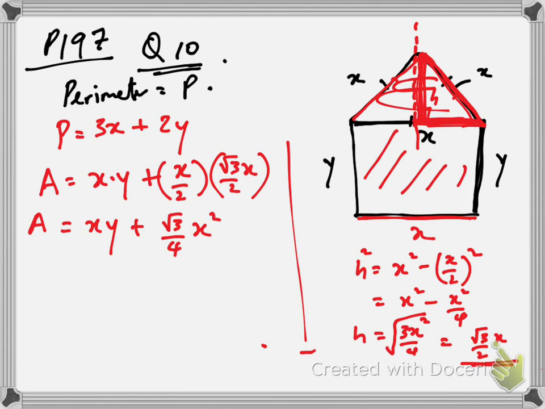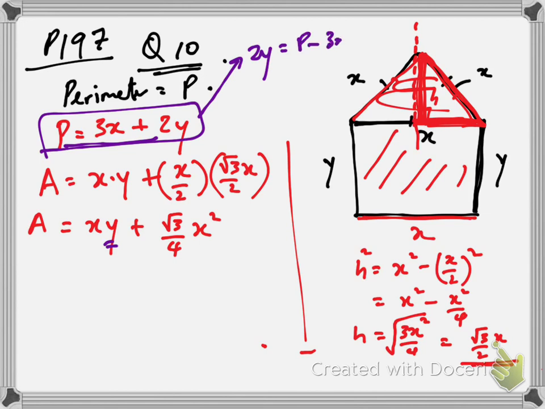Now, what's next? Well, we have to get rid of this y. Also, we have to include the perimeter in our function. The question says in terms of perimeter. That's a handy thing, so we can actually make that in terms of y and get rid of y. So that would be 2y equals p minus 3x.